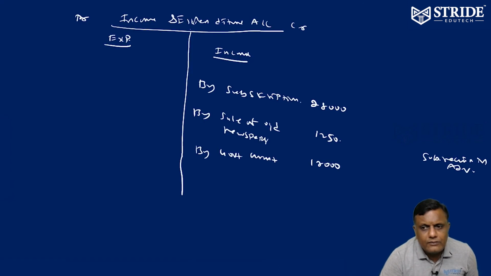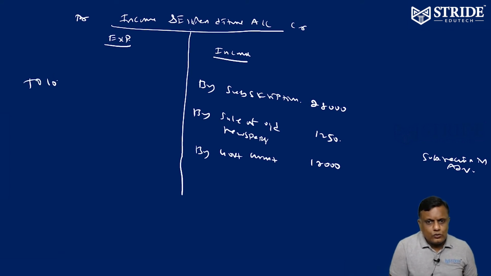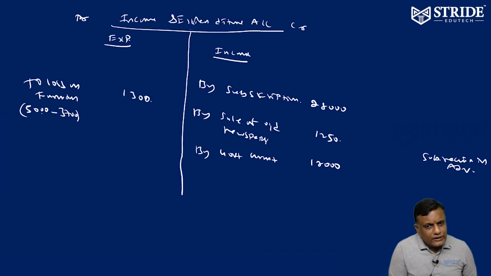So loss on furniture: 5,000 sold for 3,700, supposed to be 1,300 loss to be recognized. From the furniture account also you have to reduce this 5,000. That's it. Next.